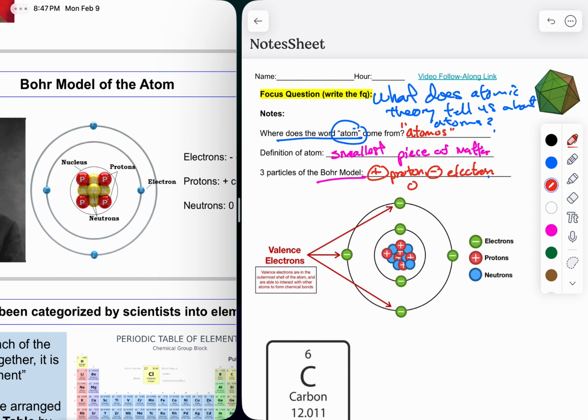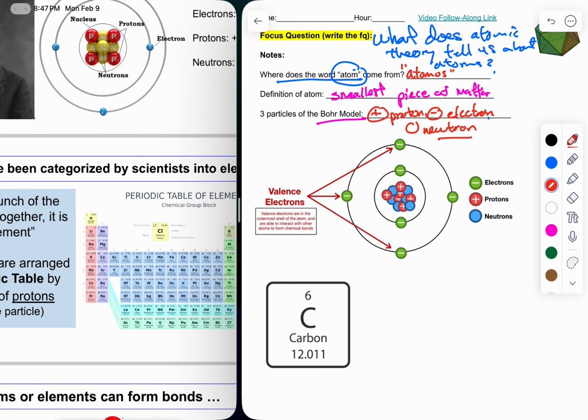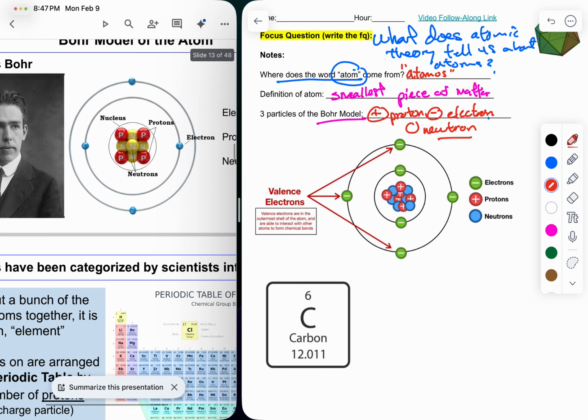It's just neutral, so it's just nothing. And of course they have their different charges: plus 1, minus 1, and 0. And usually this is what it looks like.